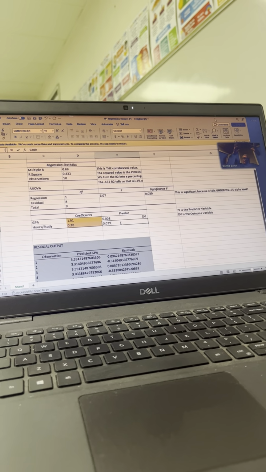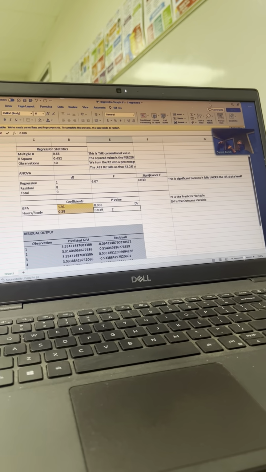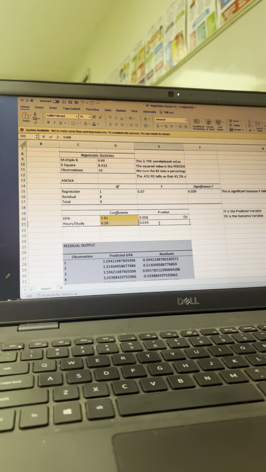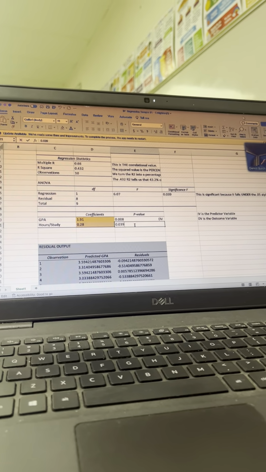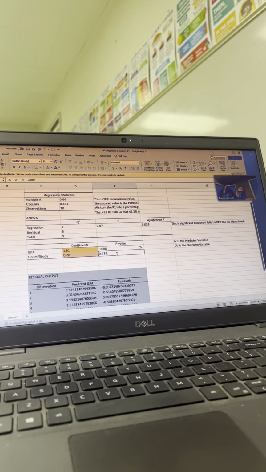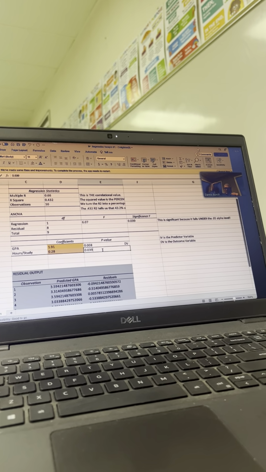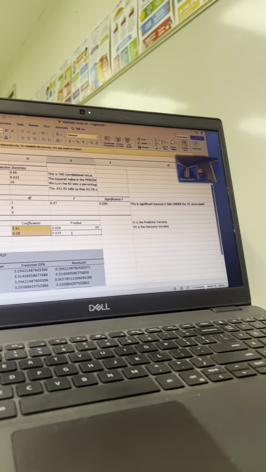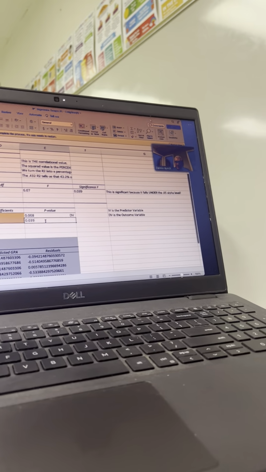To increase it based on the relationship between the GPA and the hours of study. So as one goes up, we hope they both go up. That makes sense? Yes. I wouldn't want the hours of study to go up and the GPA to go down. And I wouldn't want the GPA to go up if the hours of study at home go down. That makes sense? Yes.